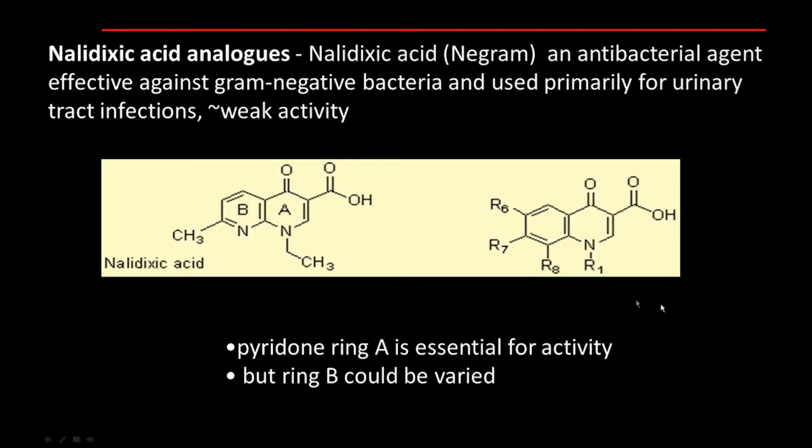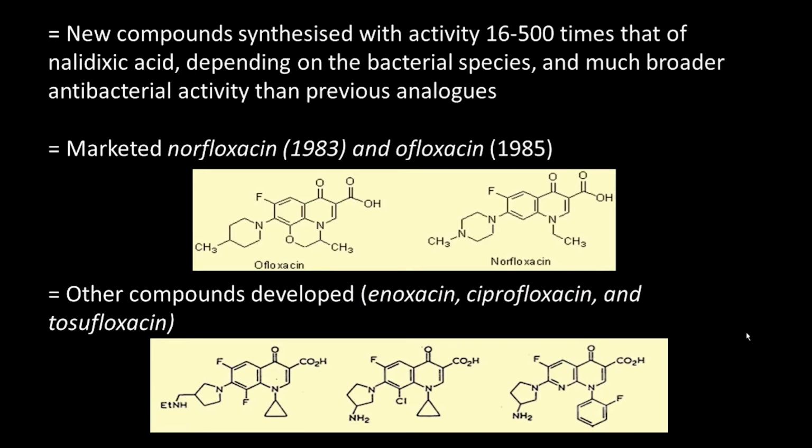So we can have a large number of compounds synthesized following this approach. Many compounds were synthesized by modifying the ring B. They were found to be almost 500 times more active than the original nalidixic acid, which was originally discovered maybe about 15-20 years back.